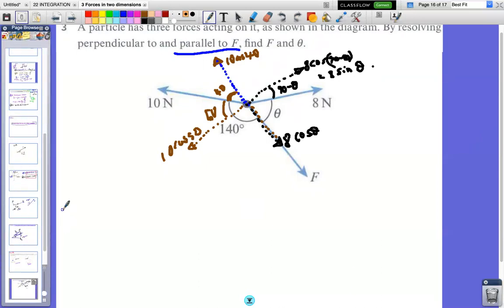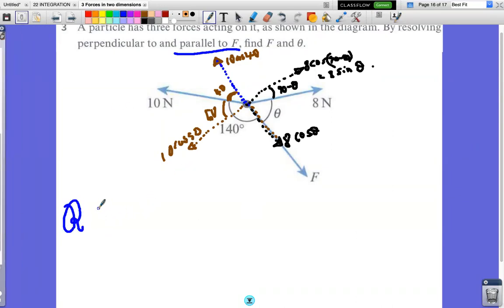All right, so instead of resolving vertically and horizontally, now we will resolve first perpendicular to F. Perpendicular to F, this force should be equal to that force. So you have 8 sine theta should be equal to 10 cos 50. Now you see, you only have one equation with one thing that you don't know, so you can easily solve for theta now.